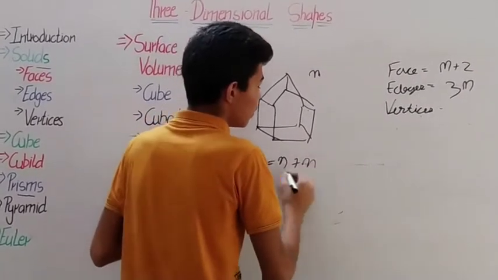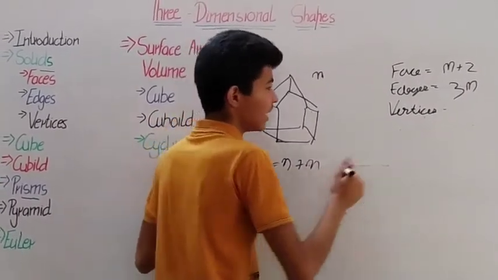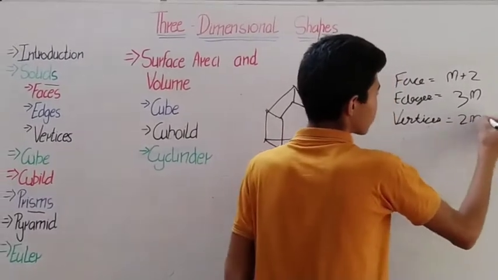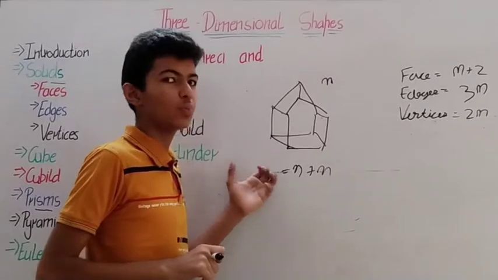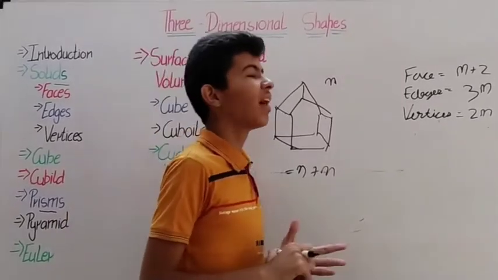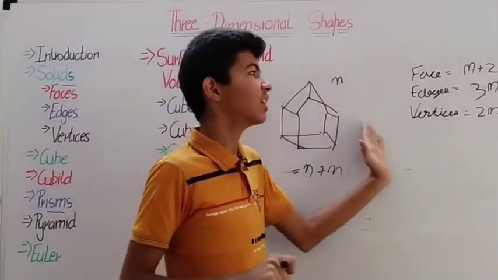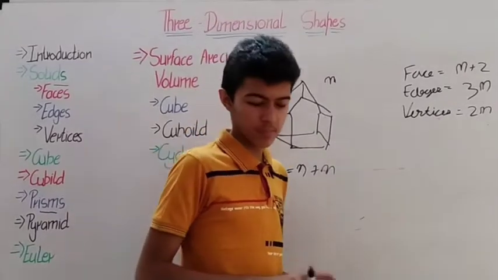So we get n plus n, that is 2n. So if any prism is given, we can find the number of faces, edges, and vertices by these formulas.